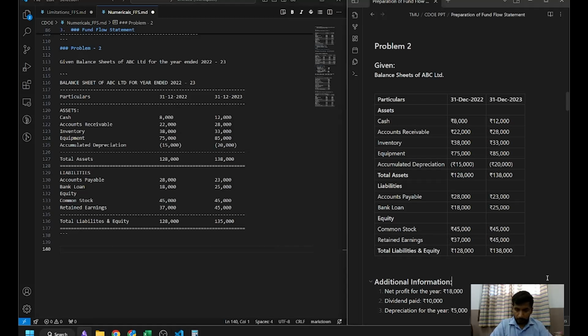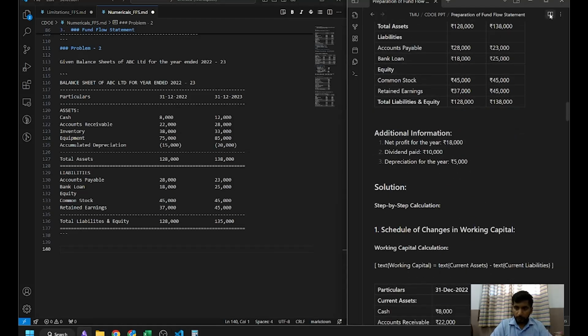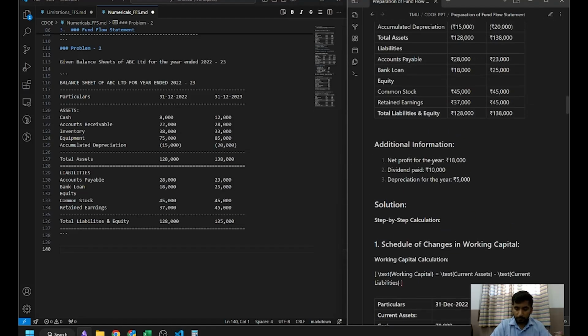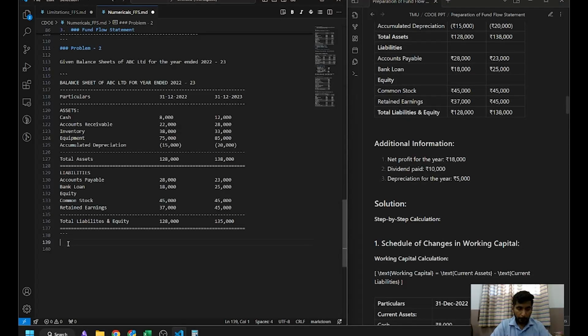Then the additional information is given to us. What is that additional information? The additional information is that the net profit for the year is 18,000.